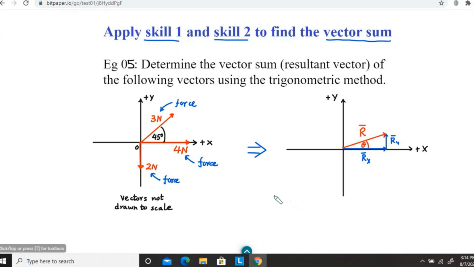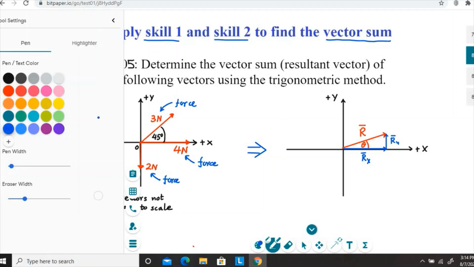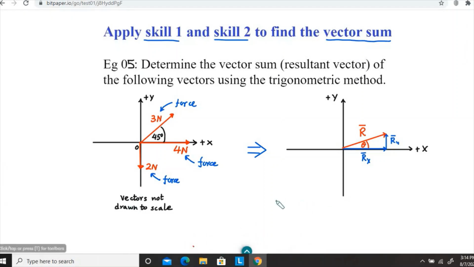I'm going to use the previously discussed trigonometric techniques to find those things. So again, the magnitude of the resultant vector, or the size, is given by the Pythagorean theorem, or if you recall this expression, the absolute value of R is equal to the square root of the Rx component squared plus the Ry component squared.